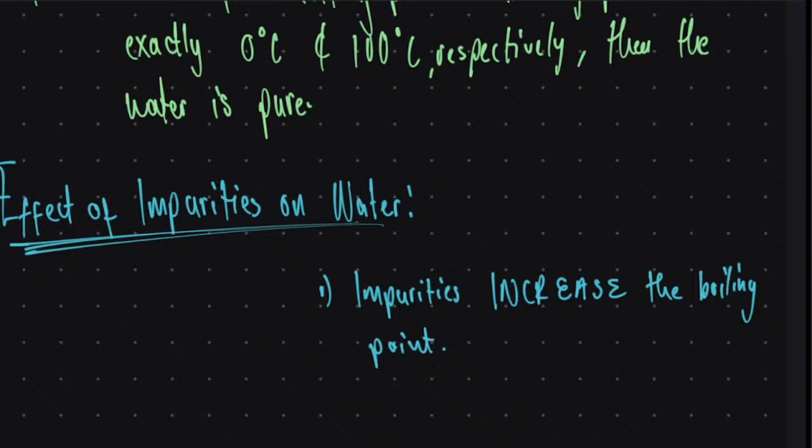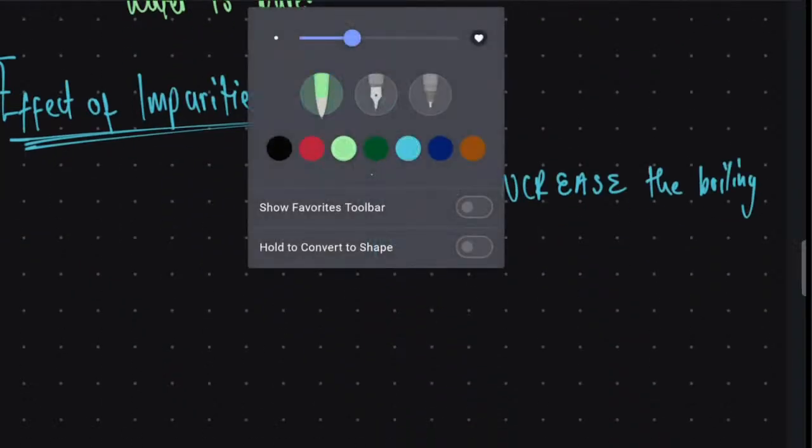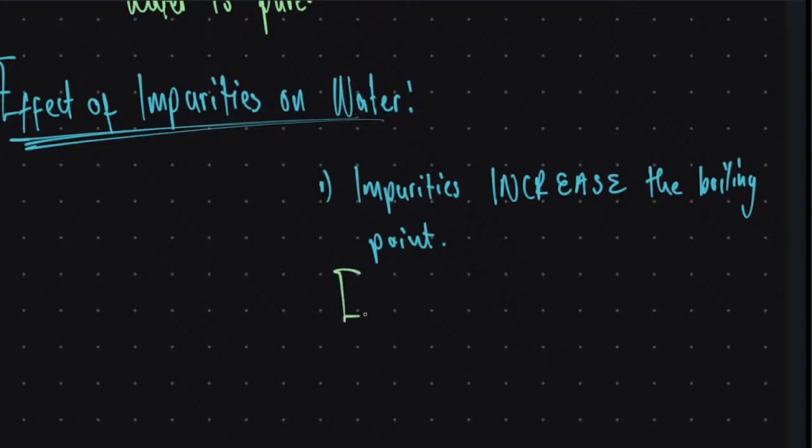If you want to know when water is impure, if it boils above 100 degrees, then that water is not clean, it's impure. That means it has other things that are not water inside it. If it's just water with nothing else, then it should be exactly at 100. So impurities increase boiling point. So you can already know that impure water boils above 100 degrees.